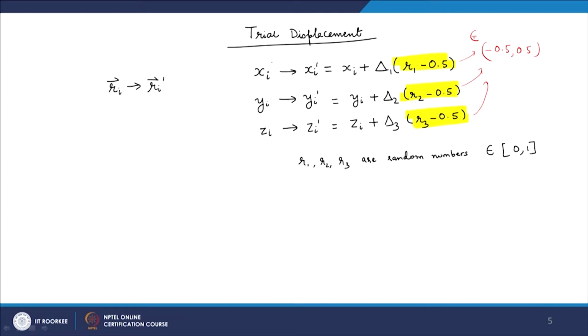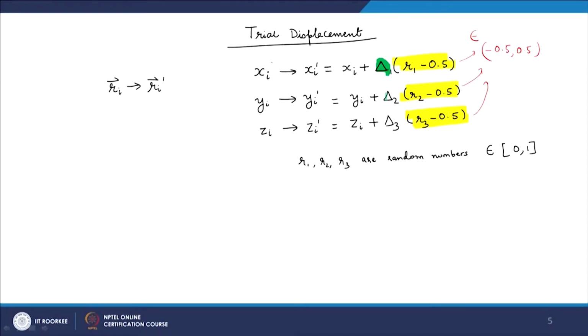Okay. So, we can go to minus of x, plus of x, minus of y, plus of y, minus of z, plus of z. So, we are not biasing the displacement into any particular direction, and this helps us to reach equilibrium faster.